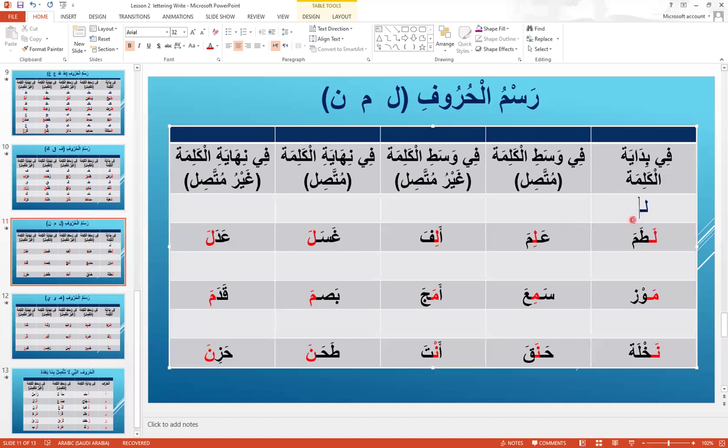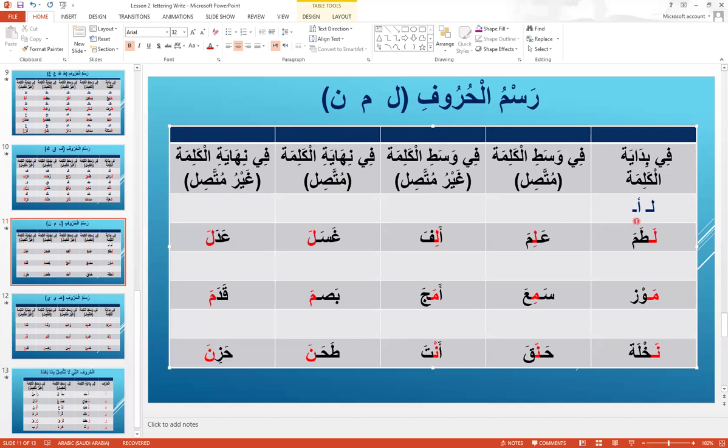So if you look closely, should in case we don't put a connection, what I want to illustrate is that, let's just say we wrote alif, you get it? By default, if I put a connection, it will not connect.